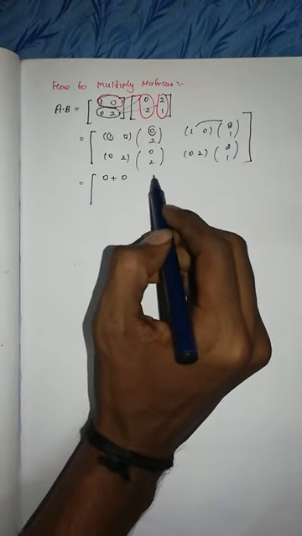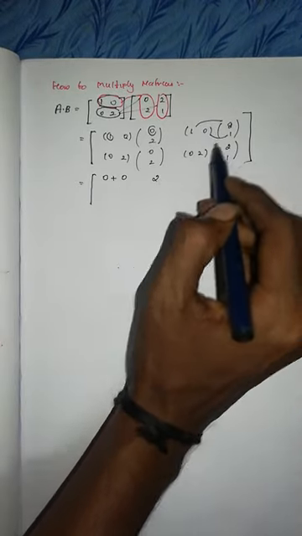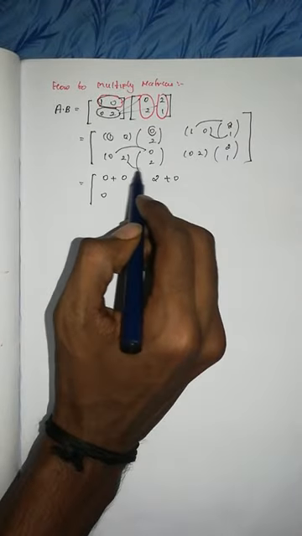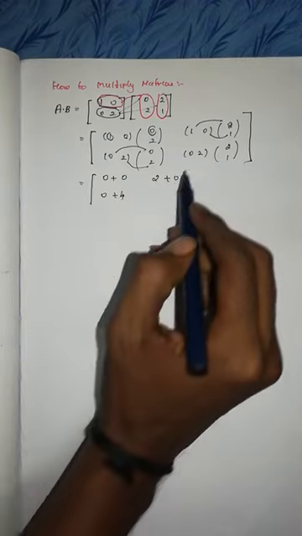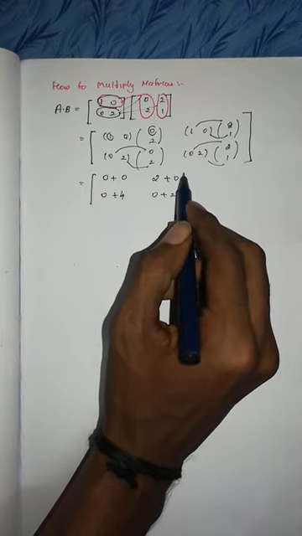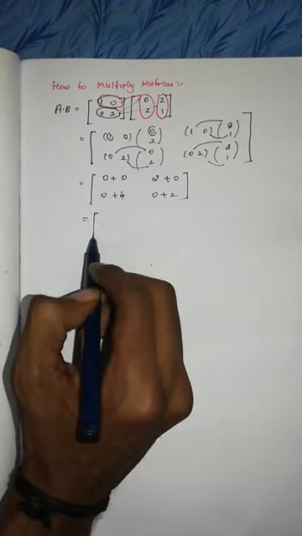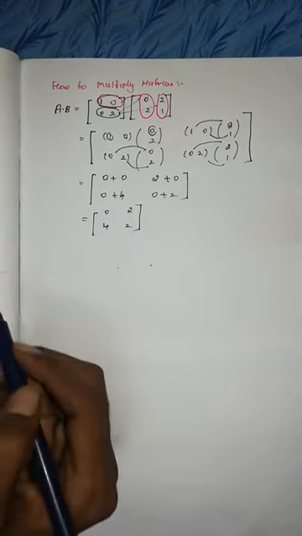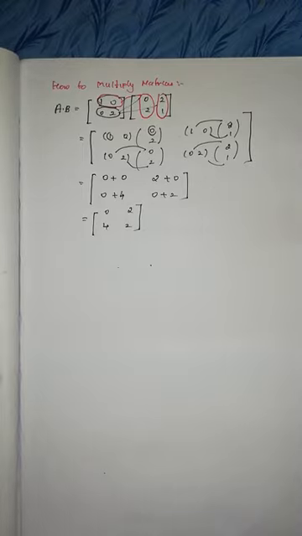Again 1 into 2 is 2, 0 into 1 is 0, 0 into 0 is 0, 2 into 2 is 4, 0 into 2 is 0, plus 2 into 1 is 2. So this is 0, 2, 4, 2. So this is how to multiply a 2 cross 2 matrix.